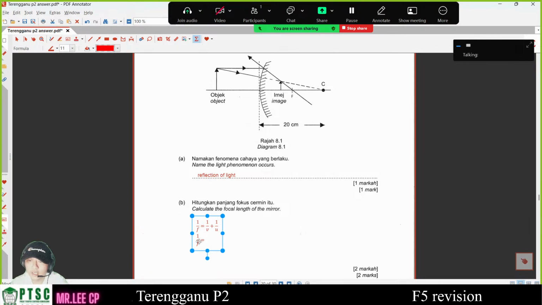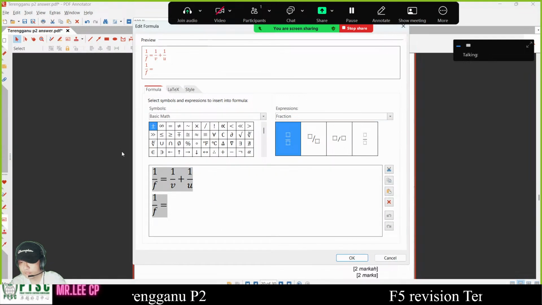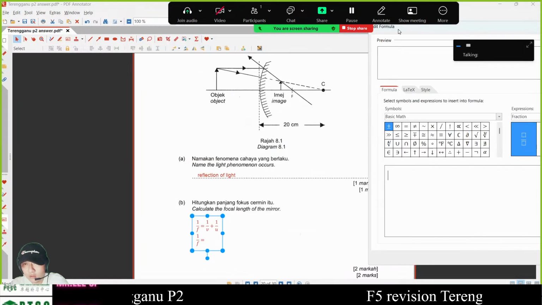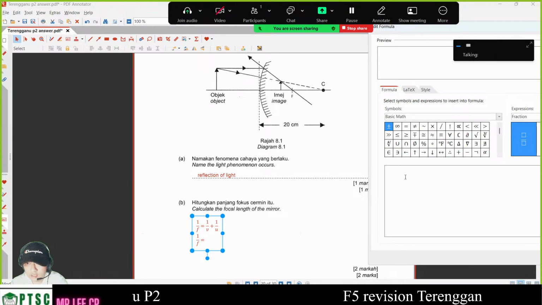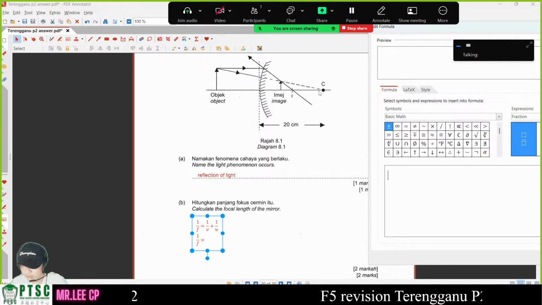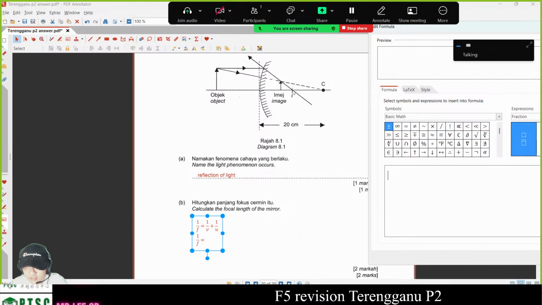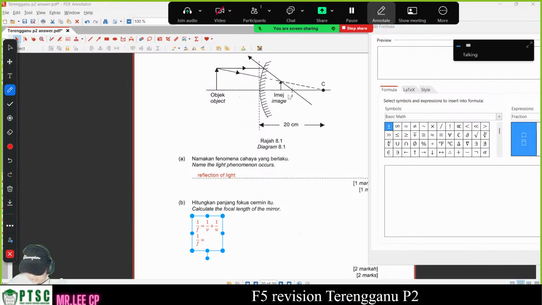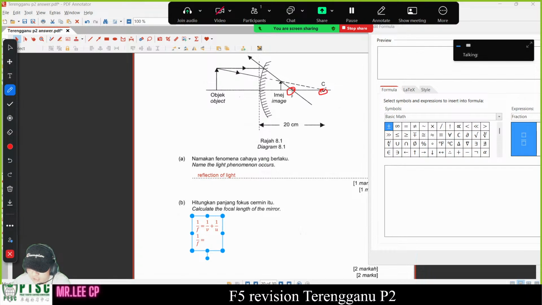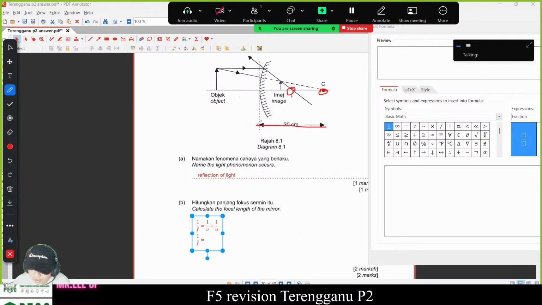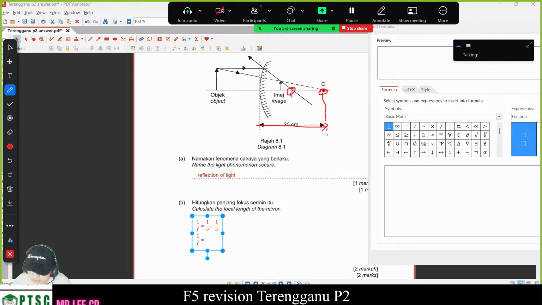Oh okay, this one no need to use this formula. F is equal to half of C. C is the center, 2F. This is F, here it is 2F. Here it is 20, so here will be 10.